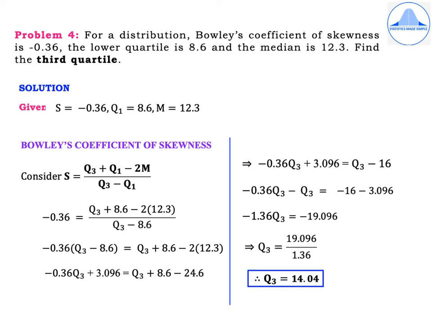Grouping the Q3 terms on one side and the constant terms on the other side, we get minus 0.36 Q3 minus Q3 is equal to minus 16 minus 3.096, or minus 1.36 Q3 is equal to minus 19.096, or Q3 is equal to 19.096 divided by 1.36. So you get the third quartile, that is Q3 equal to 14.04.